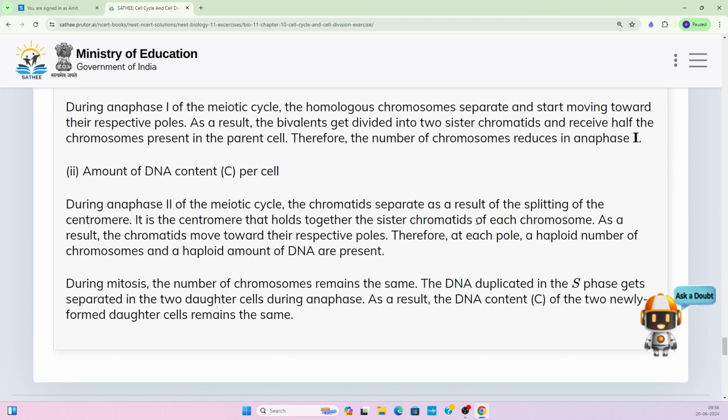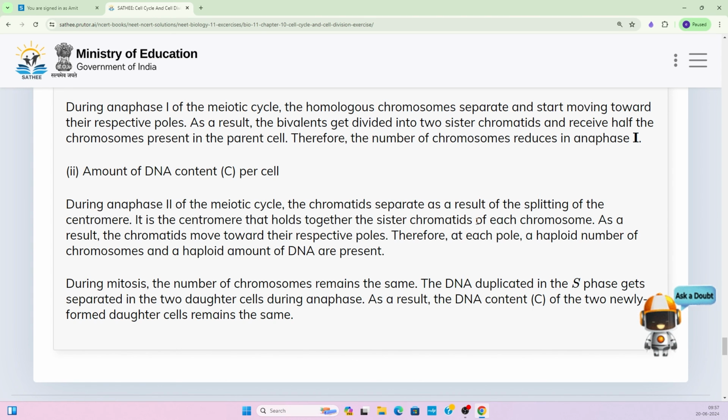As a result, the DNA content of the two newly formed daughter cells remains the same in the case of mitosis. But in the case of meiosis, there is half the chromosome number, so the DNA content is also half.